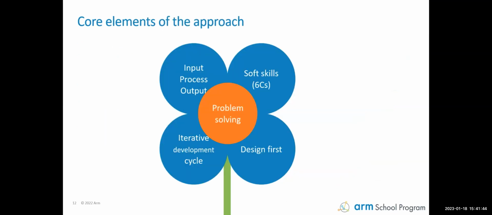So just to summarize all this up, the core elements of play-based learning. It's ultimately all about problem solving, and we want them to be solving a problem, and that problem can be contextualized, it could be subject-based, or it can be just something very, very simple. But how to get there, we want to encourage them to think in that input, process, output, the IPO model.